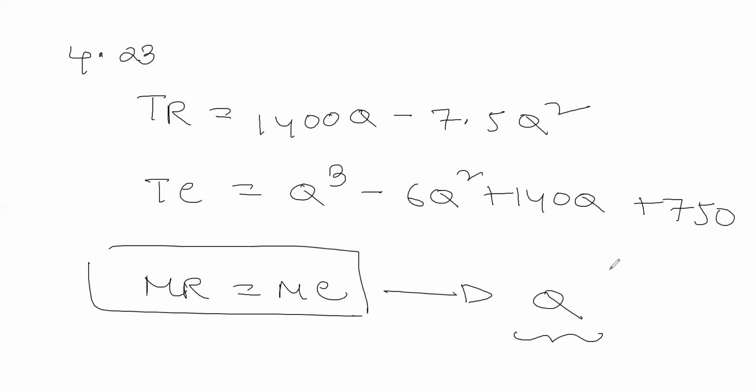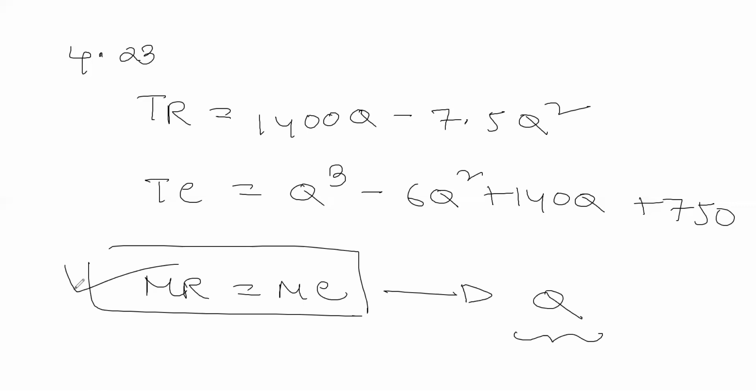So now, number one, what is the question asking for? Given the total revenue and total cost functions, it is asking to maximize profit and identify the critical value, which I have mentioned as the optimal value. In order to do that, we are going to use this MR is equal to MC condition.